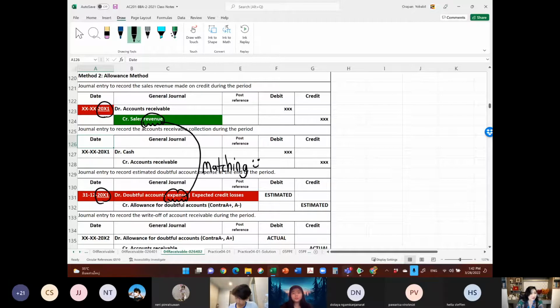At the end of the year, you need to make the estimation so that you can record the expense in the same accounting period as the revenue. You cannot wait because you want to match the expense with the revenue in the same period.